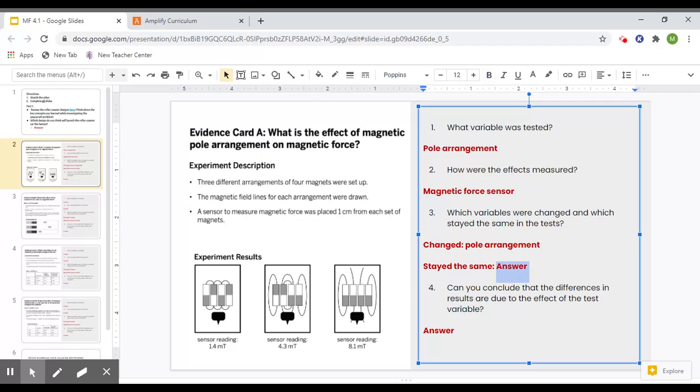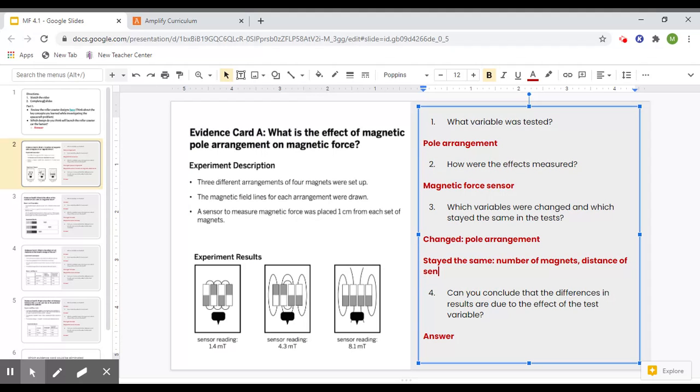So stayed the same: number of magnets, distance of sensor. You can see that here, that a sensor was always placed 1 centimeter from each set. There could be other things here that I'm missing right now, but basically the main thing is we want to make sure only one thing's changed between tests. Can you conclude that the differences in results are due to the effect of the test variable? And here I'm going to say yes, because our test variable was isolated.